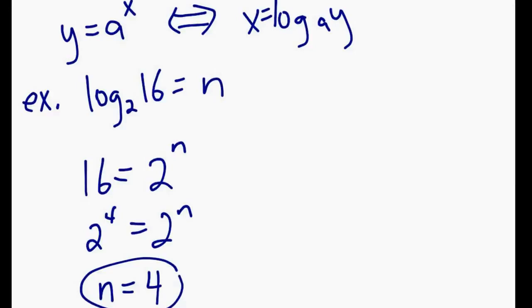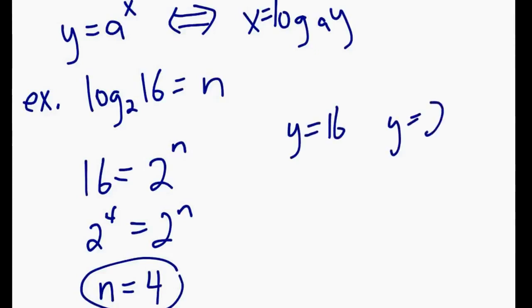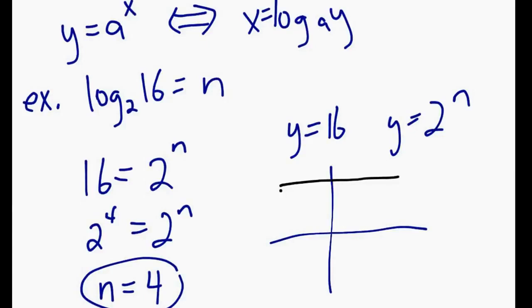Or like I said, you could also solve this by graphing. In the last unit, when we had these easy ones that we could solve by changing the base, it worked well. Or the other option, remember, is just graph y equals 16, graph y equals 2 to the n, plot your graph. The y equals 16 would be a straight line, y equals 2 to the n would be a curve, something like that.